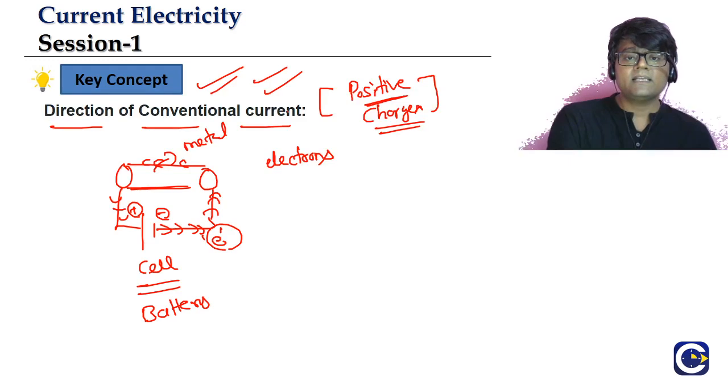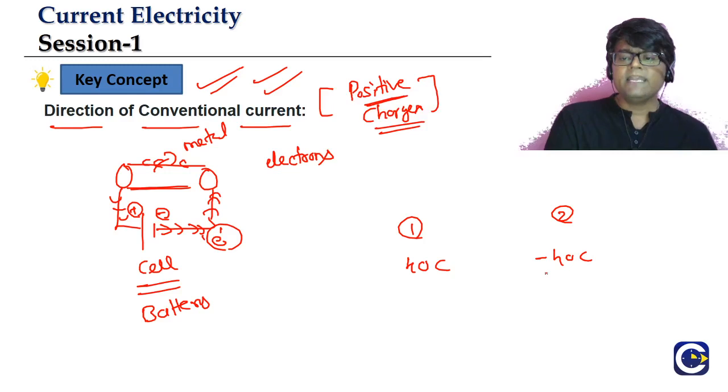To help us understand the relation between them, let's just look at this case. Let's say we have 40 coulombs charge and minus 40 coulombs charge, at place 1 and place 2. Now what I'm saying is, try and bring minus 10 coulombs charge from the right side to the left side.